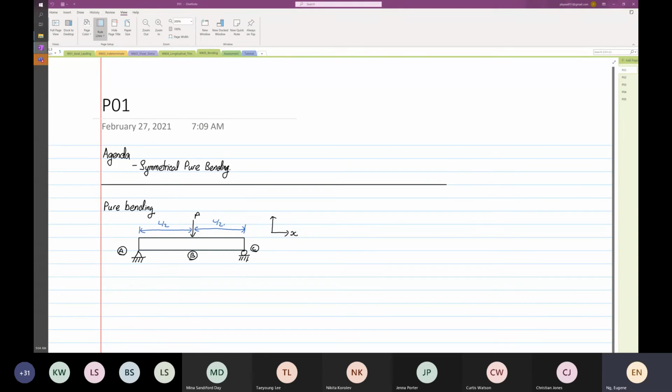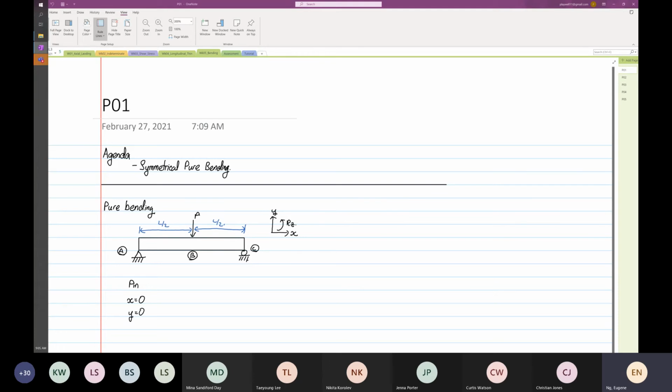This is X, this is Y, and then we have rotation about Z. In terms of movement, at point A we know that it's under a pin, right? So the displacement in the X direction is equal to 0. The displacement in the Y direction is equal to 0.